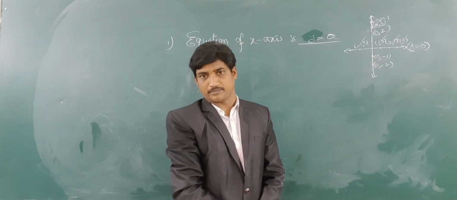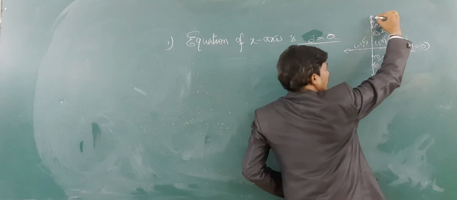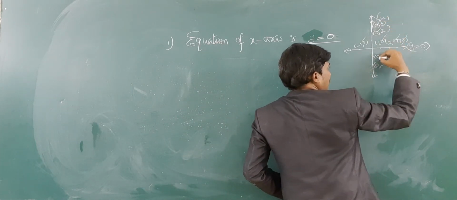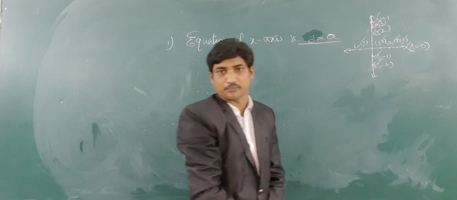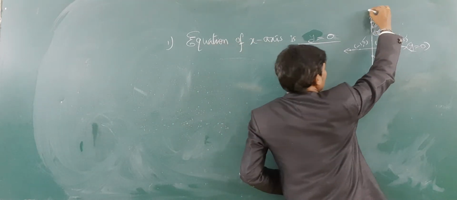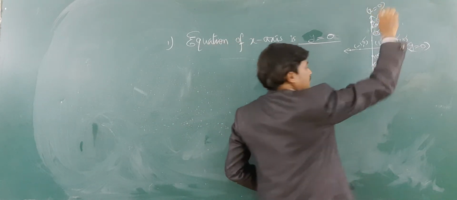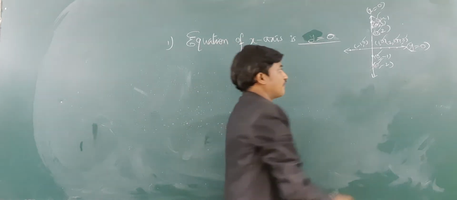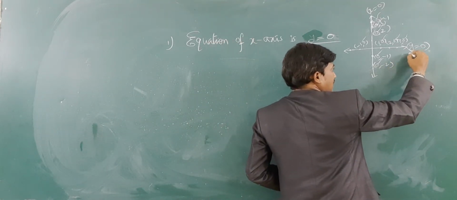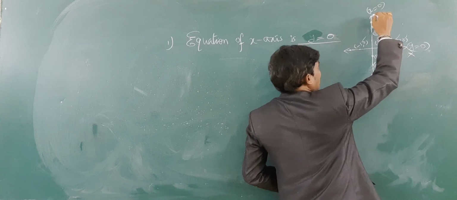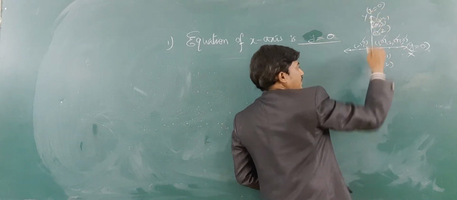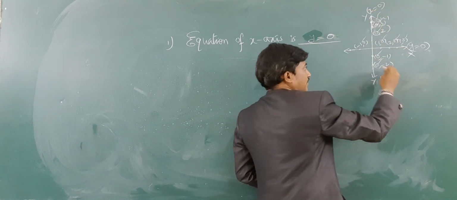If we observe every point on y-axis, x-coordinate is 0, so x equal to 0 represents y-axis. Y equal to 0 is nothing but x-axis. X equal to 0 is nothing but y-axis.